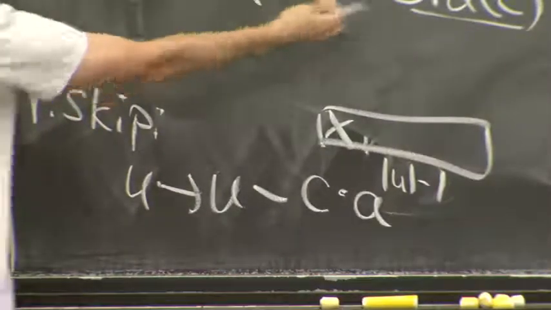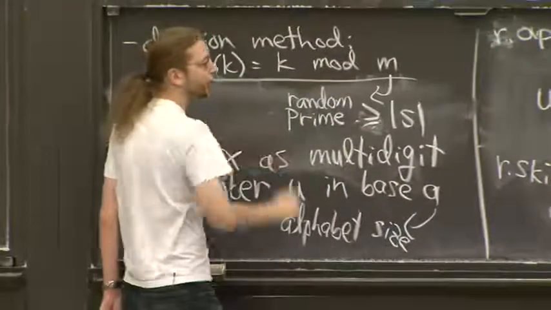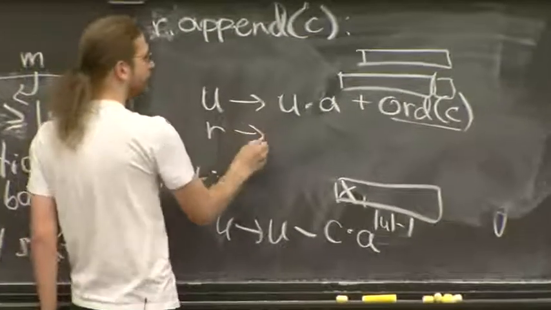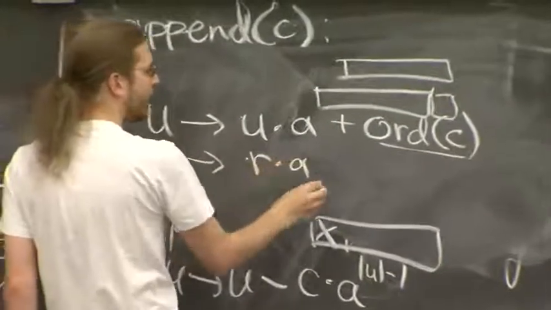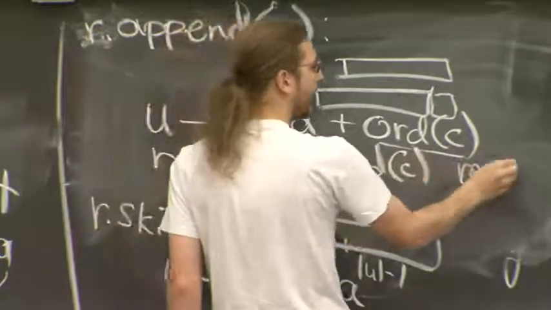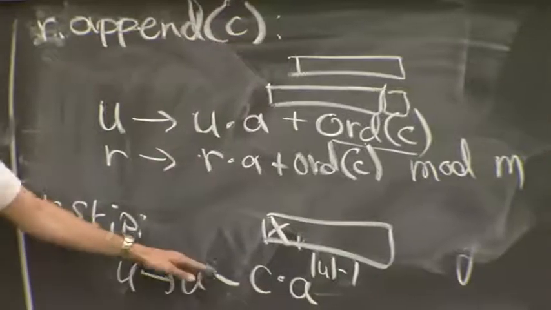Okay, and when I do this, I just think about how the hash function is changing. Everything is just modulo m. So if I have some hash value here, r, I take r times a plus ord of c, and I just do that computation modulo m, and I'll get the new hash value. Do the same thing down here.